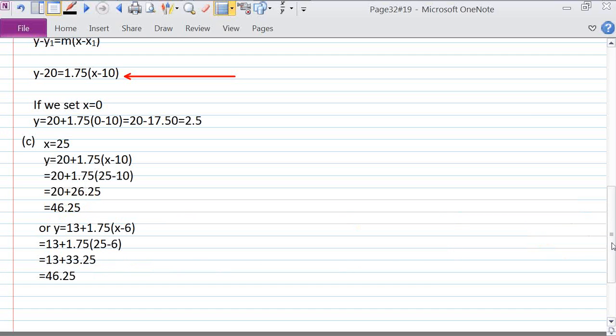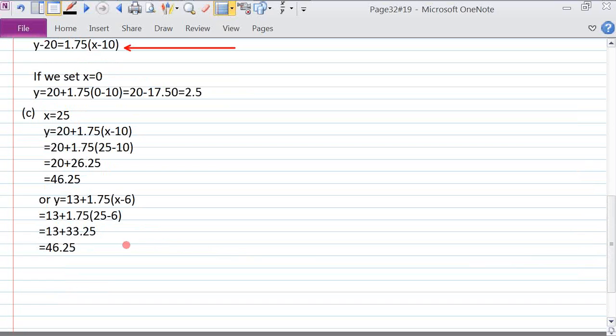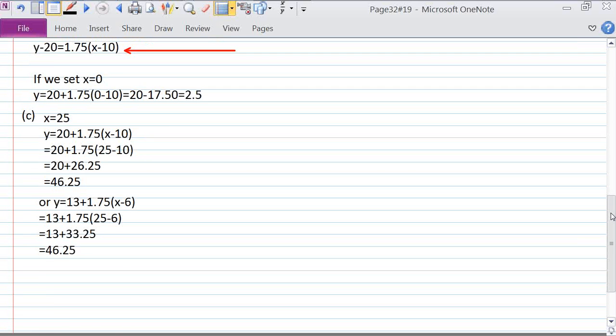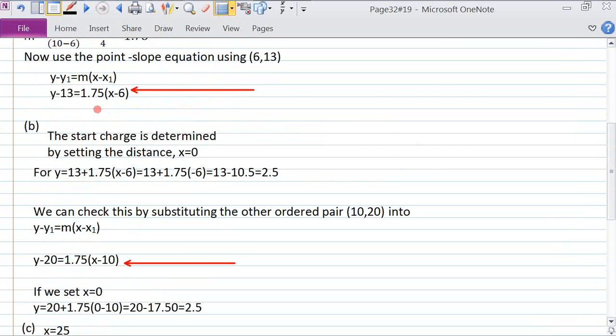Now, if I take the other formula that I derived and substitute the 25-kilometer trip in here, then we get y equals 13 plus 1.75 times x minus 6. Let's go back up here, and you can see what we're doing is substituting in this formula, the very first one.